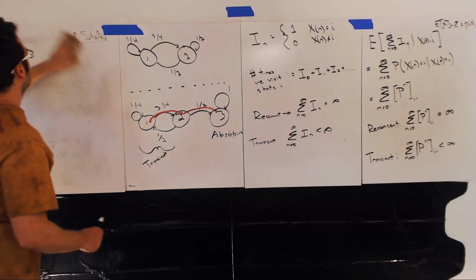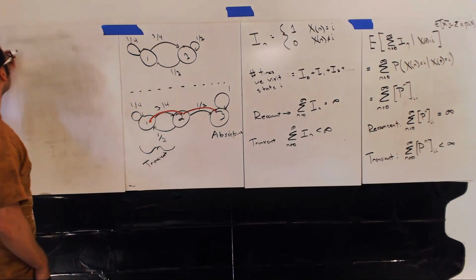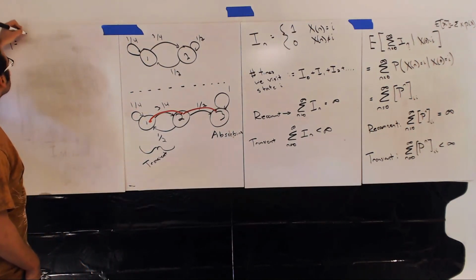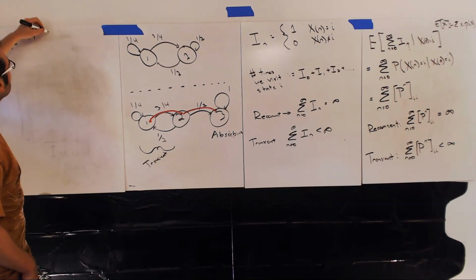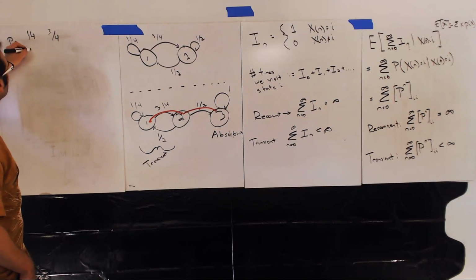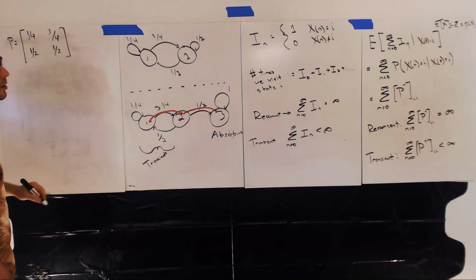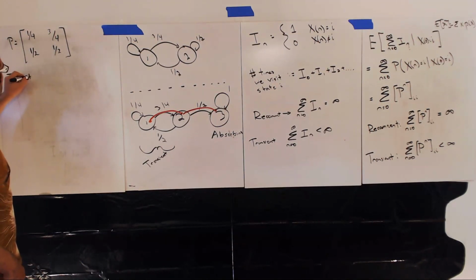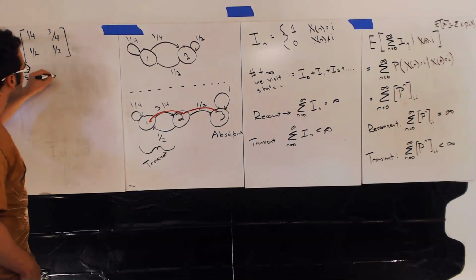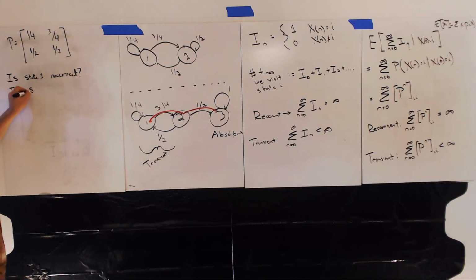Okay, so let's start by looking at this first one right here. Our P matrix is 1/4, 3/4, and then 1/2, 1/2. What I'm going to ask is, is state 1 recurrent? And is state 2 recurrent?